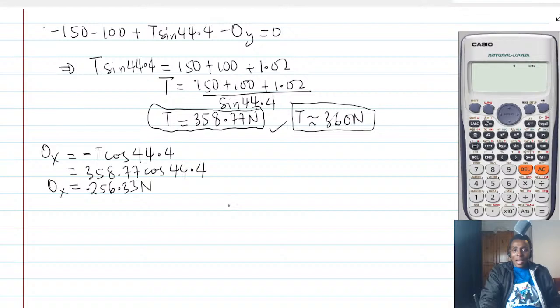But I think because of time, I want to look at internal forces. But the concept is the same for every question you are going to look at in the equilibrium of rigid bodies. Everything is the same. You only have to draw the free body diagram.